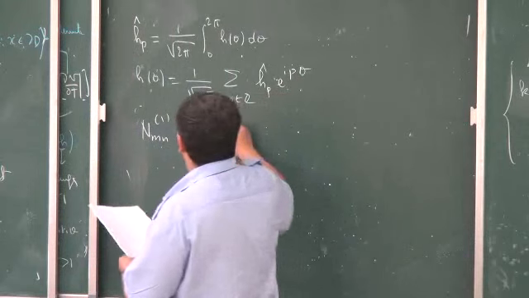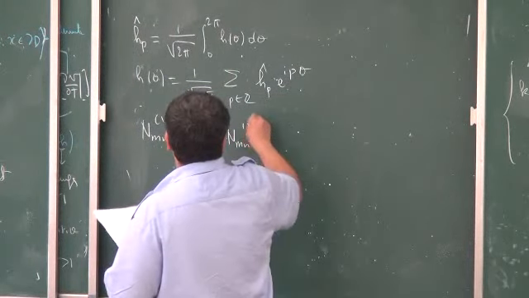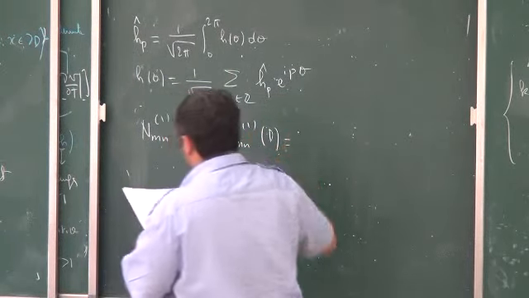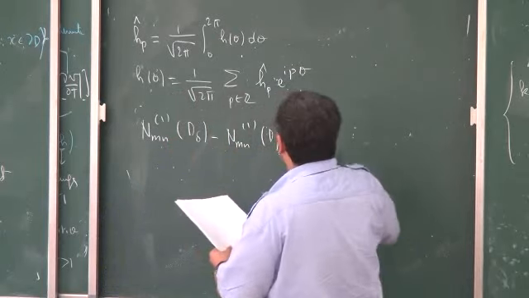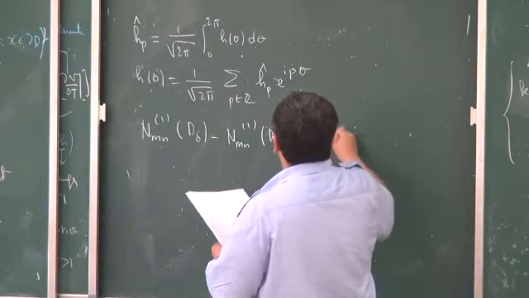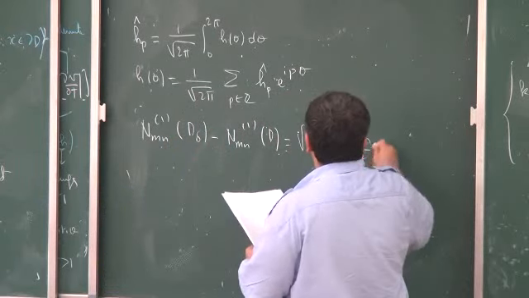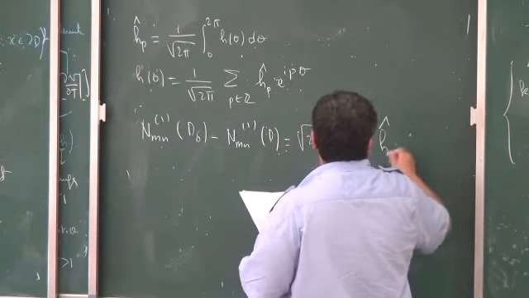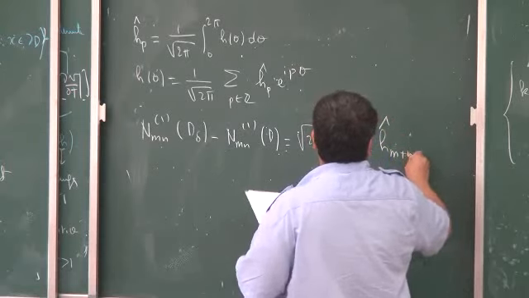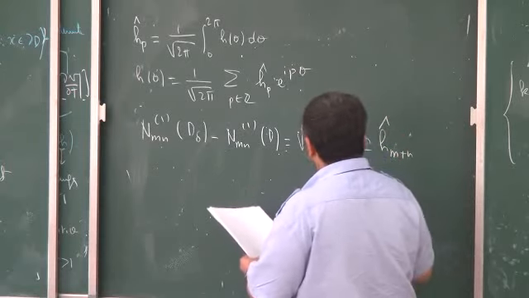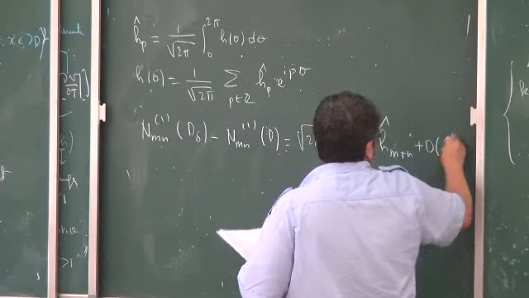This one, N_mn of D_delta minus N_mn of D, is equal to square root of 2 pi delta m n over lambda squared h_{m plus n} plus O of delta squared.